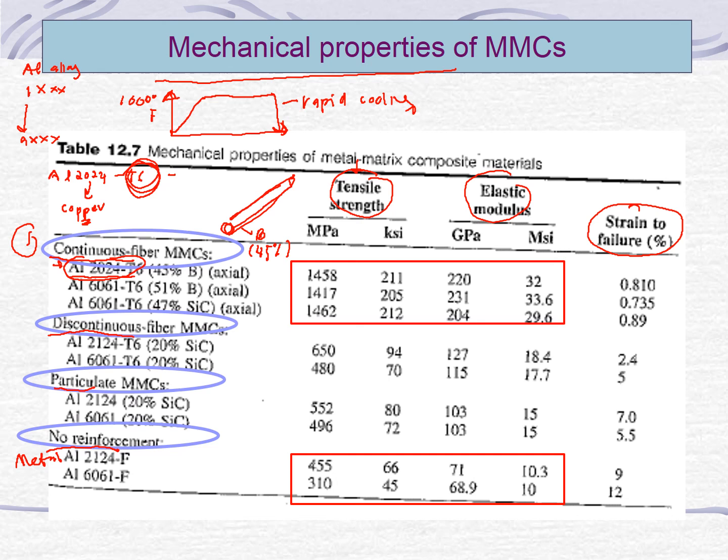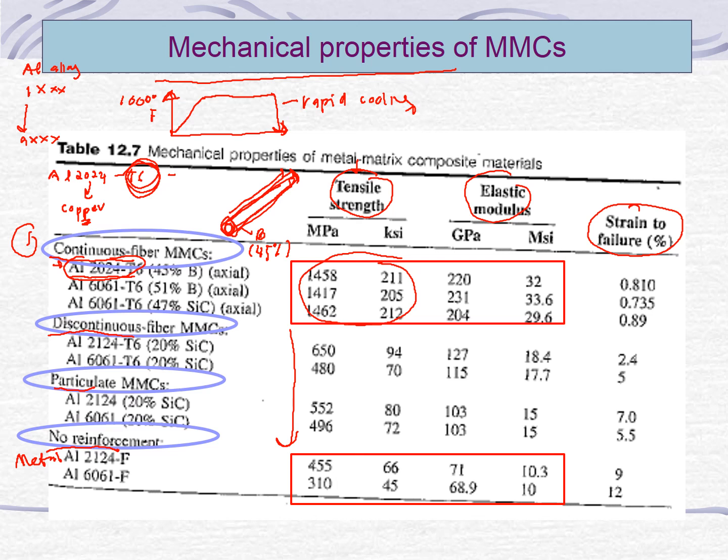If you look at the properties, the continuous fiber composite has the highest tensile strength compared to the others. This is because of the long, continuous fiber, which can carry the load given to the composite along its length.